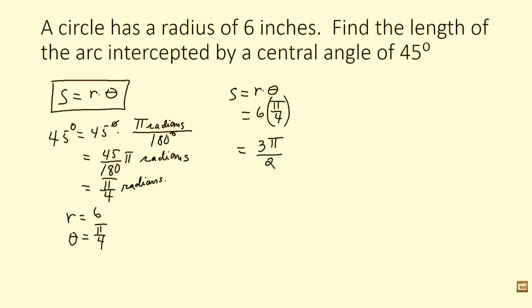And of course, this is in inches. And 3 pi over 2 inches, if we use our calculator, we obtain 4.71 inches. All right, so the arc length S is 4.71 inches.